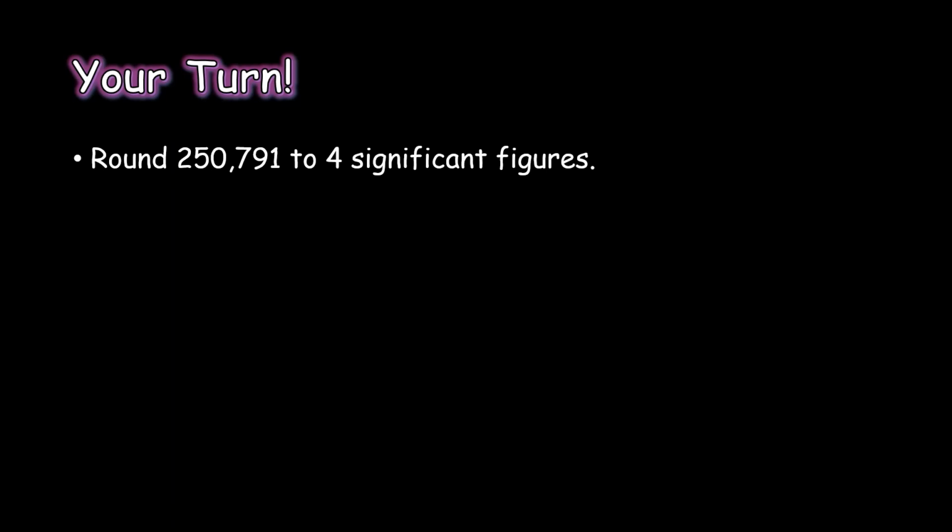Let's look at another example in terms of significant figures. So for this one, it's asking us to round 250,791 to 4 significant figures. So let's write out our number here, 250,791.